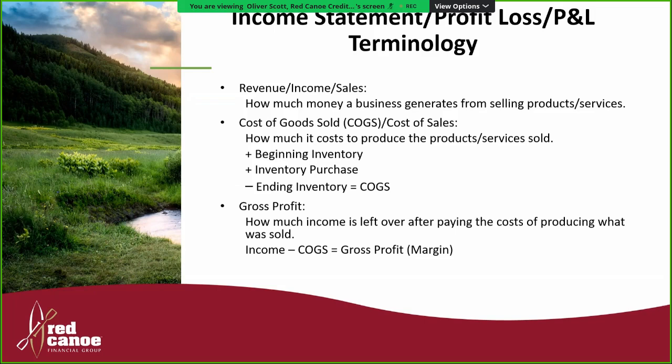You add the beginning inventory, you add the inventory purchases, and you subtract the inventory that you have left at the end, and that's your cost of goods sold. The concept being that you are starting with a certain amount of inventory, you're buying more, and you end up with what you end up with, and that is how much you spent on the inventory that you sold that month or year.